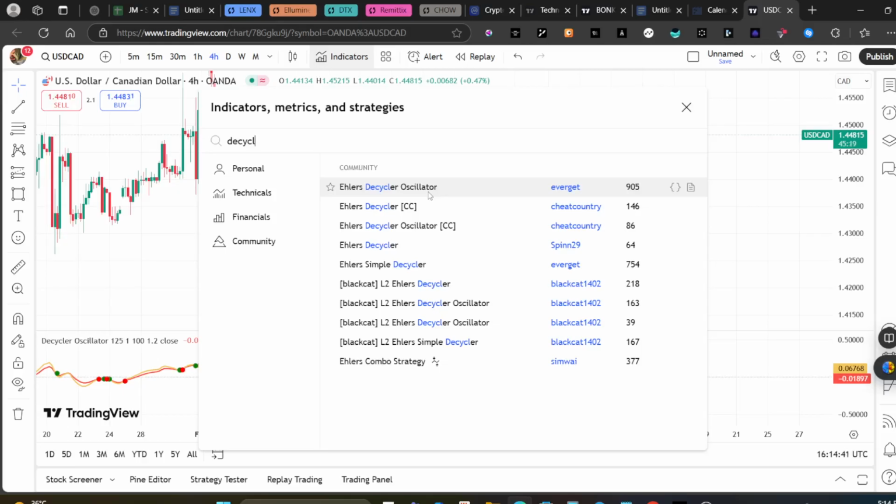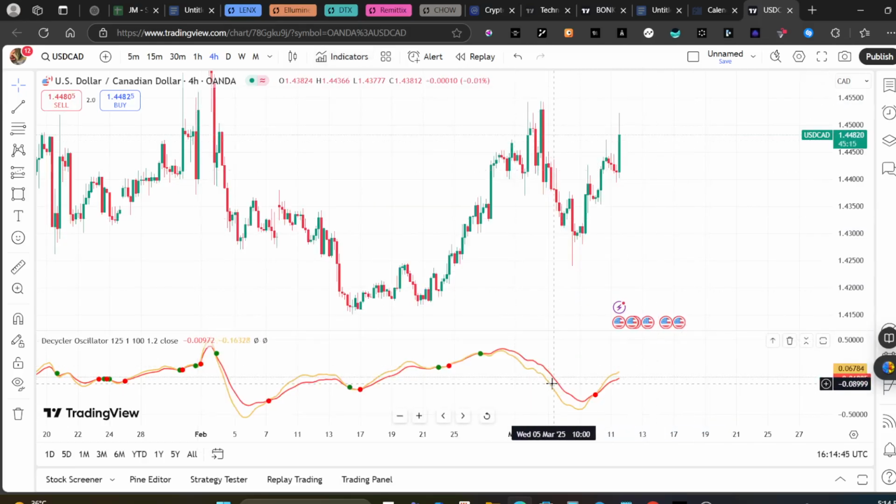Okay, so this indicator helps you to focus on the market's true direction, right? Rather than reacting to every little wiggle in the market. So whether you are trading Forex, stocks, or commodities, the Decycler Oscillator can help you stay on track, spot trends earlier, and avoid those fakeouts that can throw you off course.